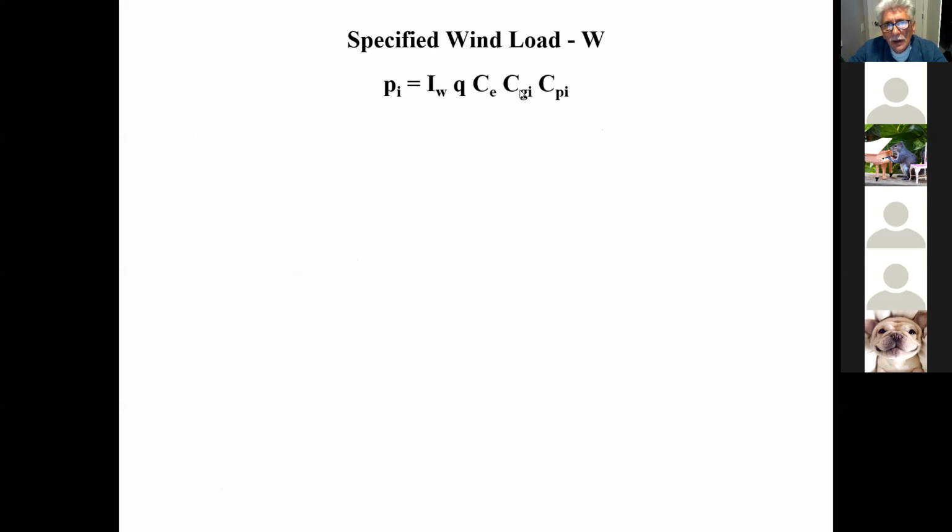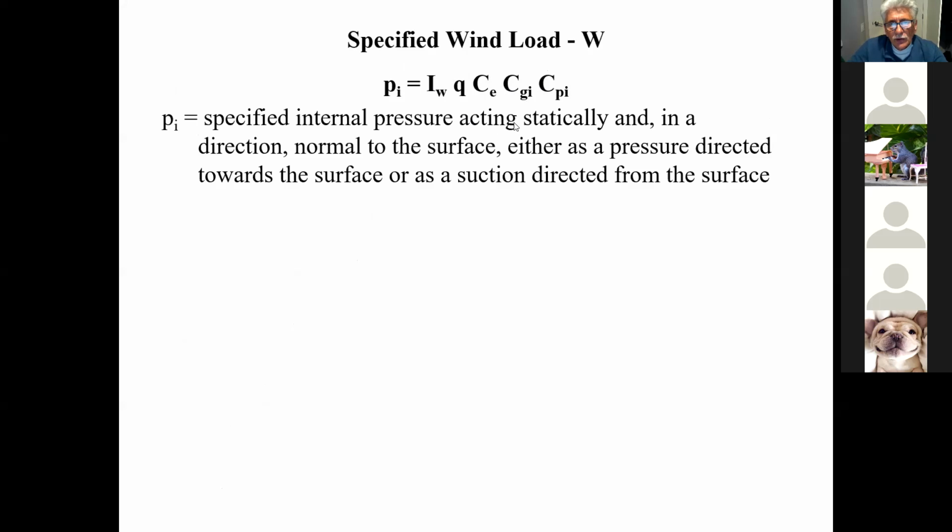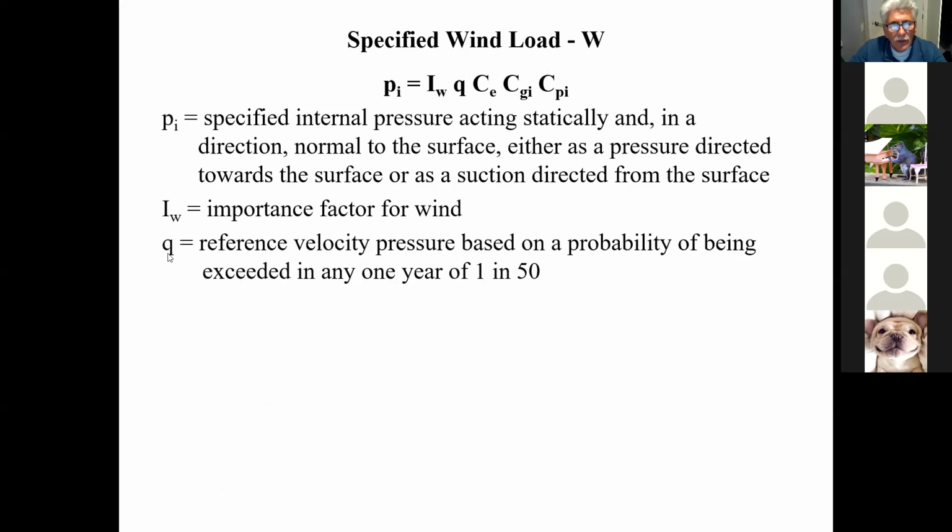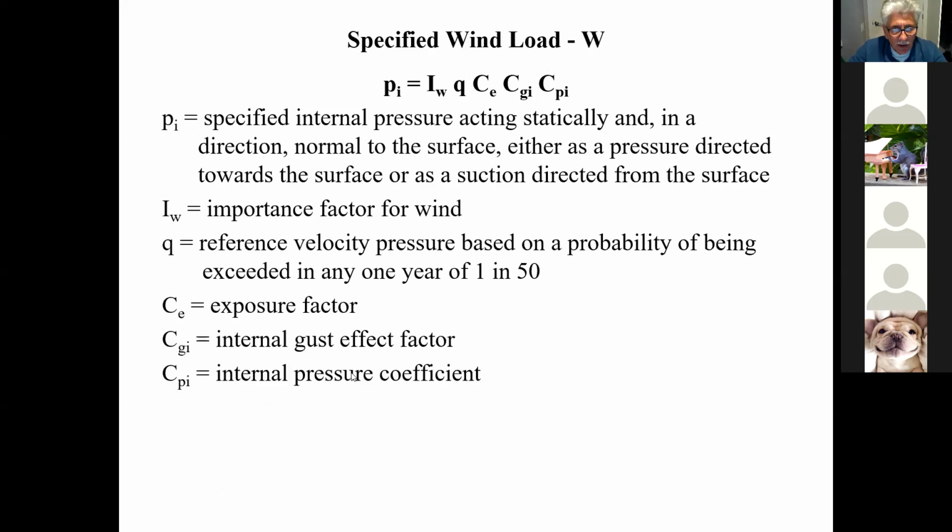The only difference is that you have an interior gust factor and an interior pressure factor. The IW is the same as used for the external. The Q is the same one used for the external. The CE is the same one used for the external. The CGI and the CPI, I want to get these values for you.